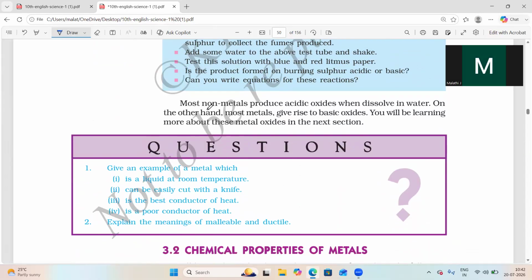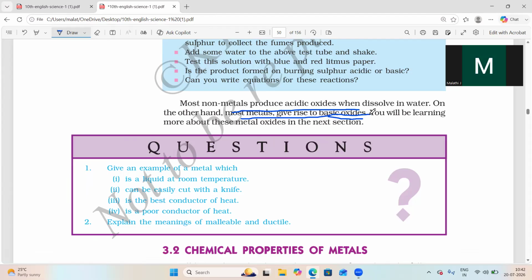Non-metals produce acidic oxides when dissolved in water, while most metals give only basic oxides. We will see the chemical properties of metals next.